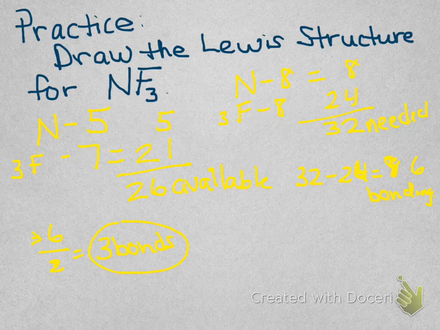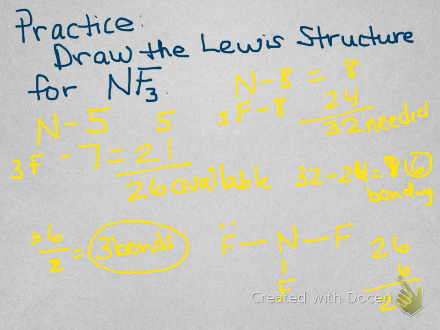So now we're going to arrange our atoms. Nitrogen's first, so it's going to be in the middle. Then we're going to put the 3 fluorines around it. We need 3 bonds, so we're going to draw 1, 2, 3 bonds. Now, how many lone pair electrons do we have? Remember, we're going to take our available electrons, 26, and subtract our bonding electrons from it. That tells us we have 20 lone electrons. We're going to put them around the atoms on the outside.